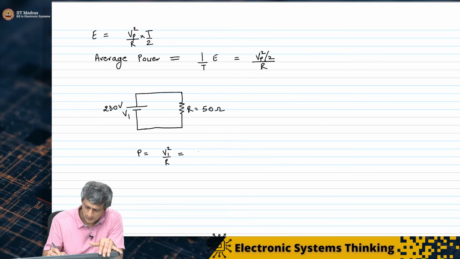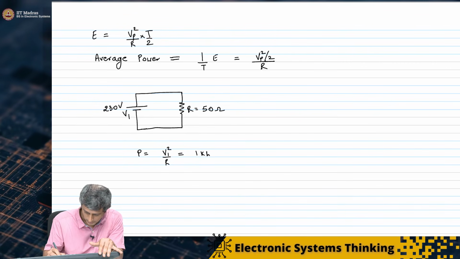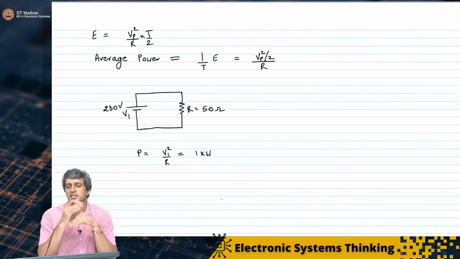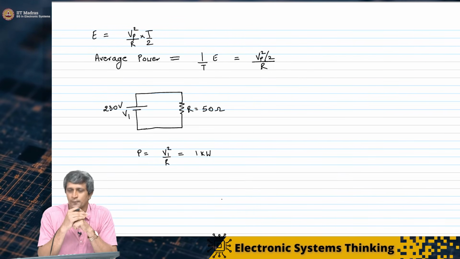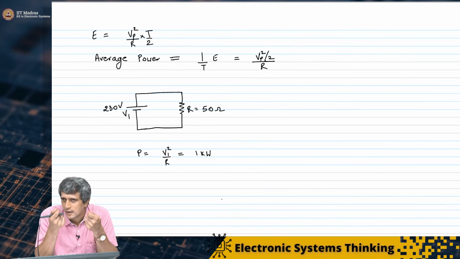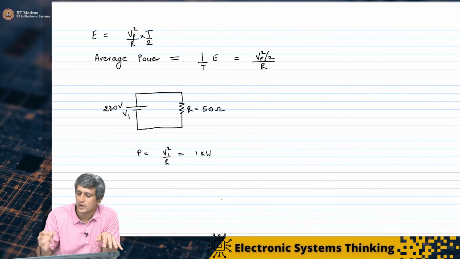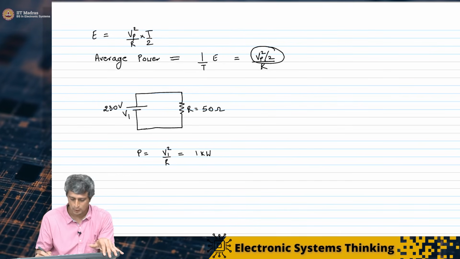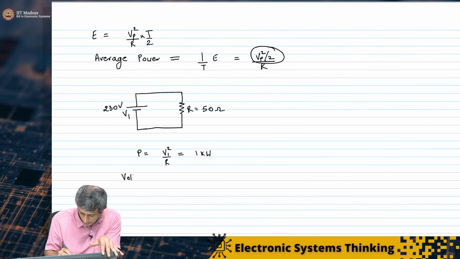V1 squared by R was approximately 1 kilowatt. So how was this justified? It is perfectly justified because what the voltmeter read for us was effectively this quantity.